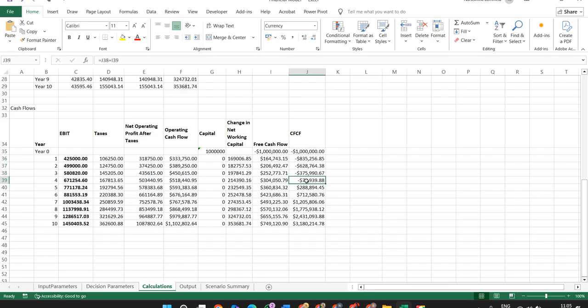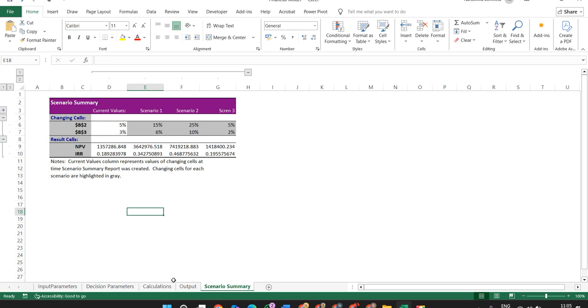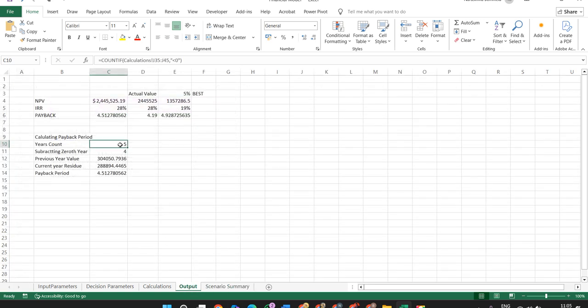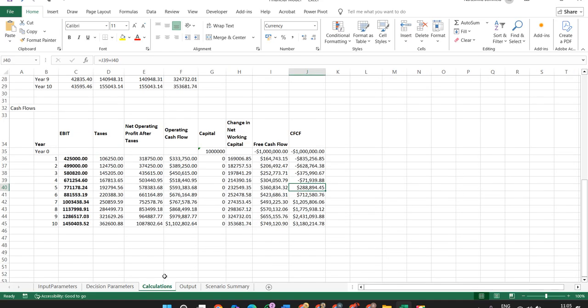So 5 minus 1 is the fourth year, and I will take the index of this value and the index of this one, and get the value out of it. First I calculated the count, and I subtracted one because I have to remove the zeroth year. Then I took a reference index value of one reference cell, the last negative value's reference minus one, so that I can go to the ith column and the value at the same level.